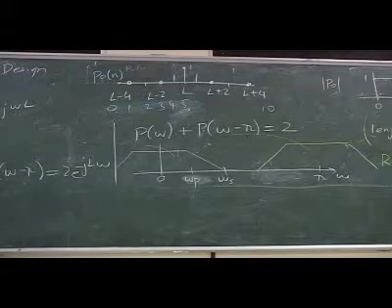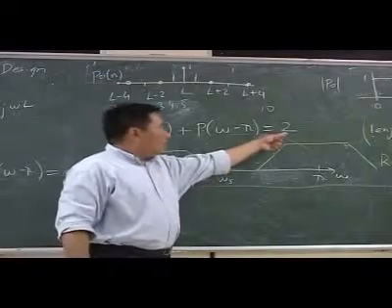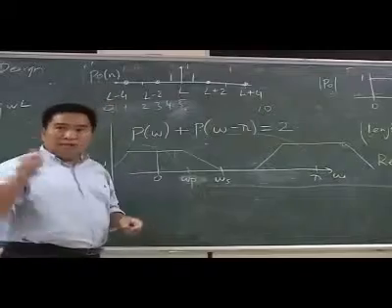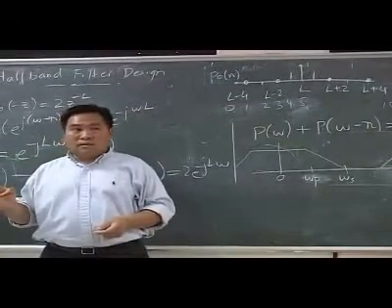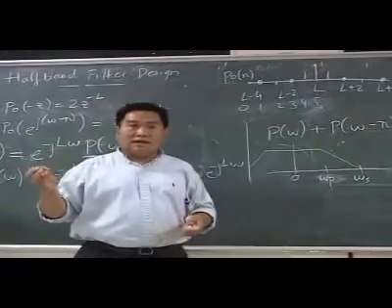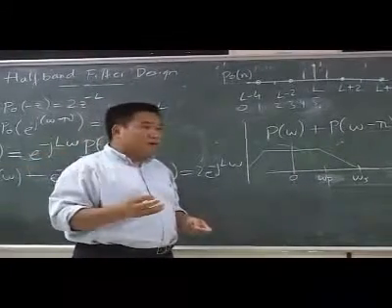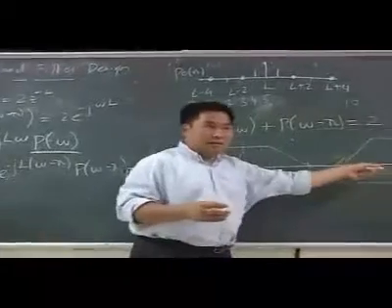The sum has to be a constant for all frequency. This is a very strong condition. One frequency is easy, right? All frequency is very, very hard to do because the number of omega is infinite.